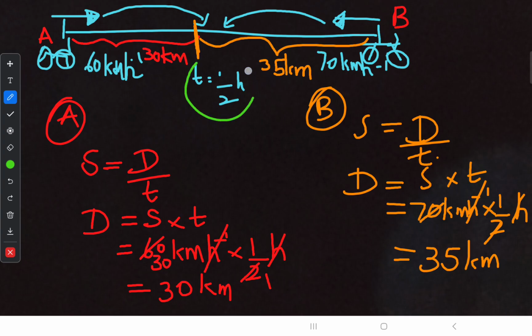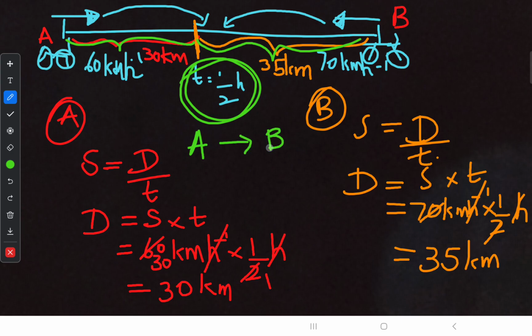If they met within half an hour, A traveled 30 kilometers and B traveled 35 kilometers. So this is the total distance between the two cities. You should add the distance traveled by A and the distance traveled by B. So 30 plus 35, totally 65 kilometers.